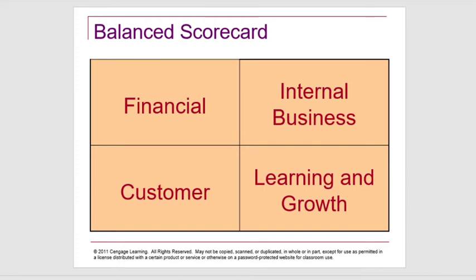According to the balanced scorecard rule, we identify the four perspectives. One is the financial perspective, second the customer perspective, third the internal business perspective, and fourth the learning and growth perspective.